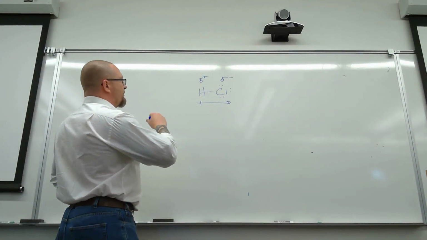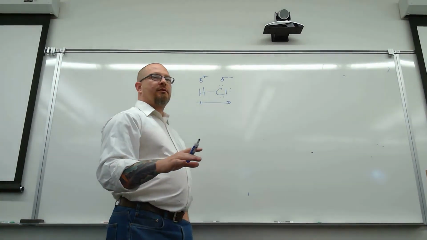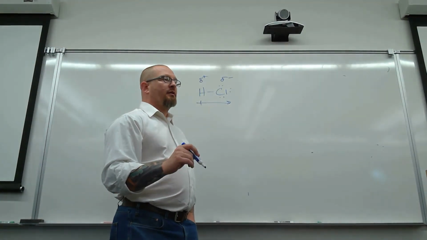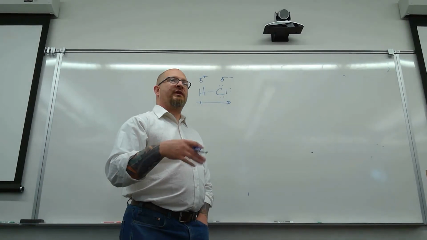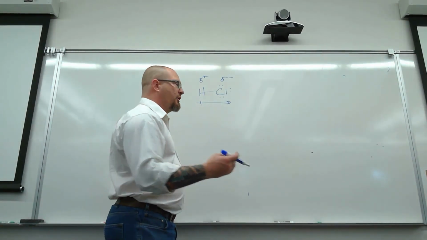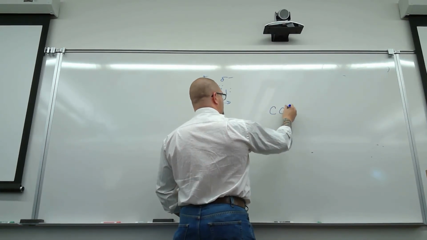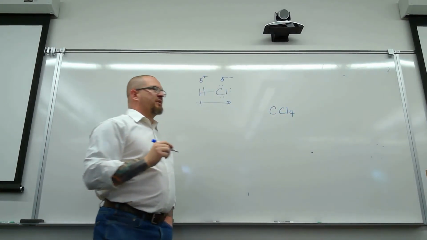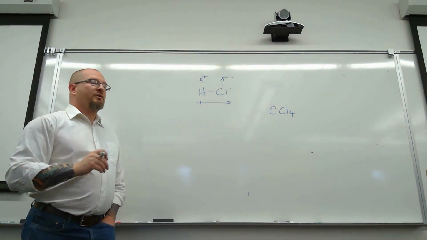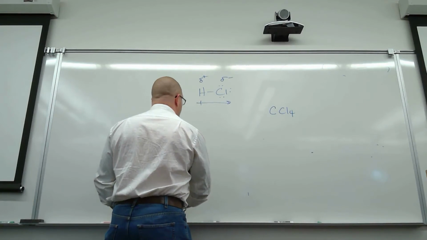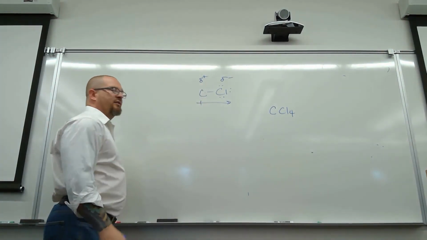Now, the reason that's important is because even though bonds can be polar, how they're oriented three-dimensionally matters in terms of the net dipole for any molecule. A great example is carbon tetrachloride: 1 carbon, 4 chlorines. Any particular carbon-chlorine bond is going to look like this.